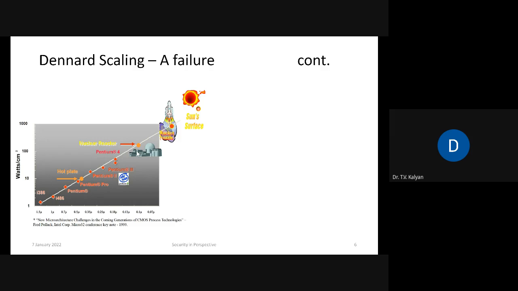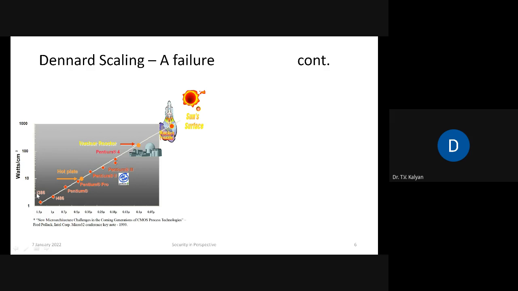And around the early 2000s, there was an estimate that if the power consumption continues, this graph shows the power consumption, the watts per centimeter square, this is the power density across different technology nodes. Right?